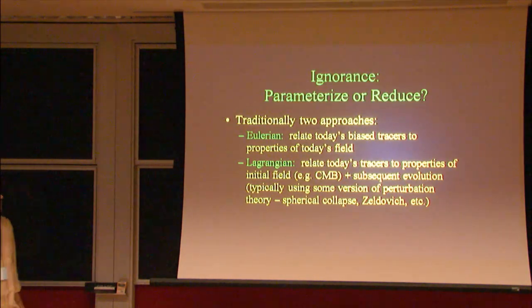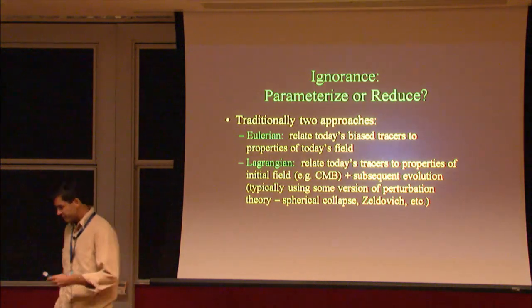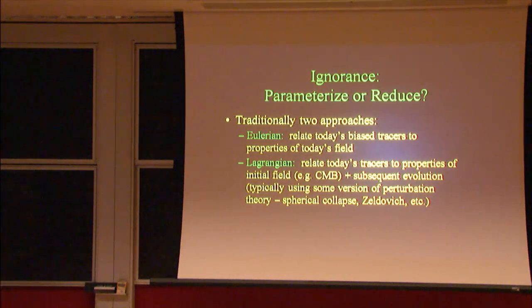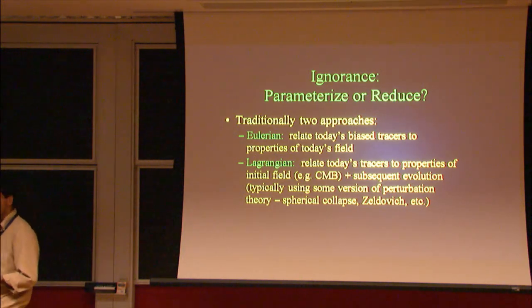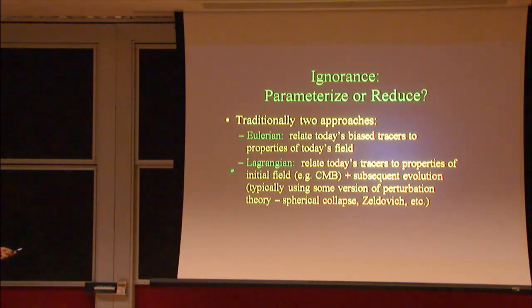Then the way this approach works is you formulate everything in the initial conditions, and then you try to propagate forward. This is not an obviously right thing to do, but that's the approach. So the first step is specifying everything in Lagrangian space, and the next step is the evolution.